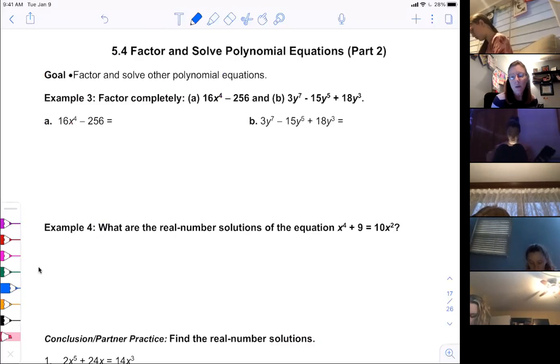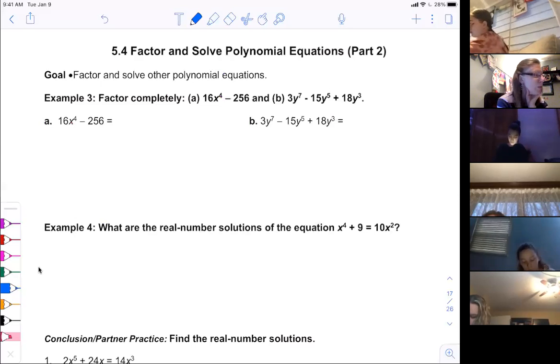Julia, what's the first question we ask ourselves when you're looking at a factoring problem? If there's a GCF. Yeah, is there a GCF here? Can we take 256 and 16? Are they divisible by anything? Yep, that's fine.